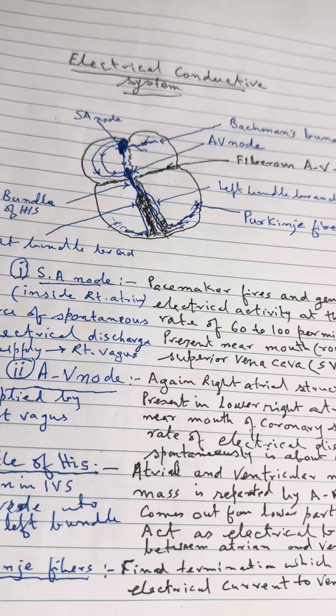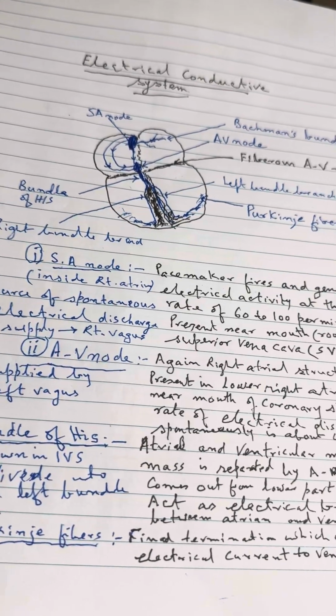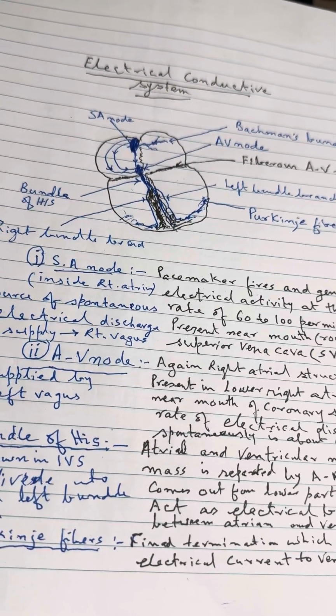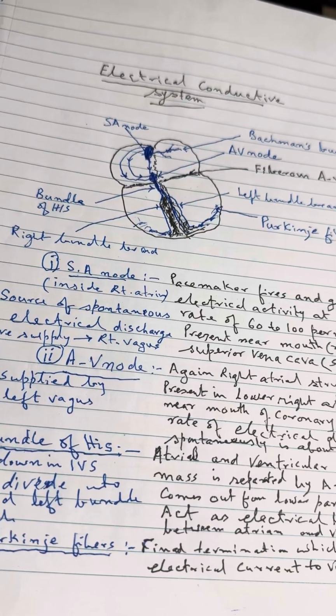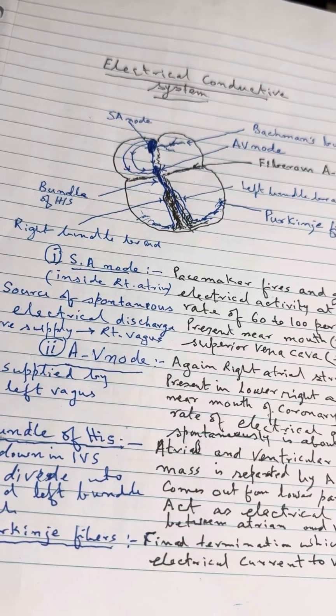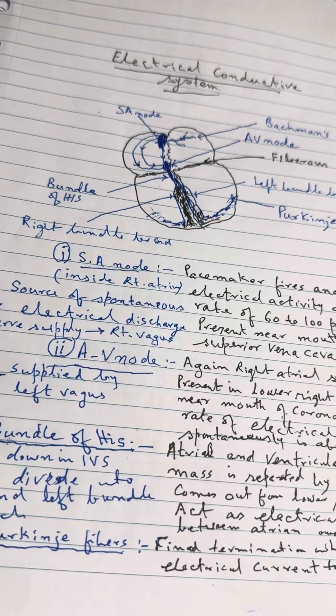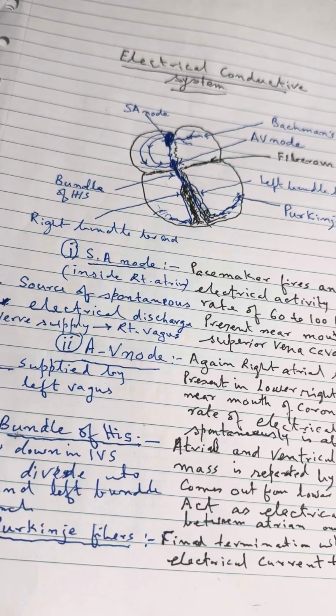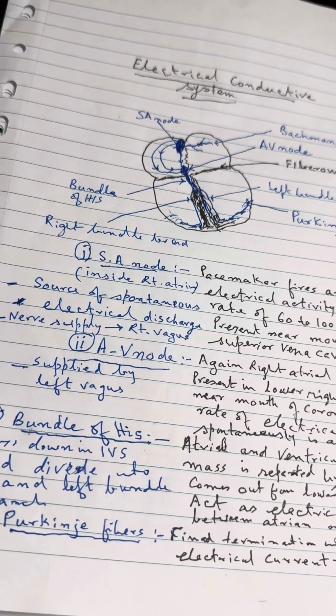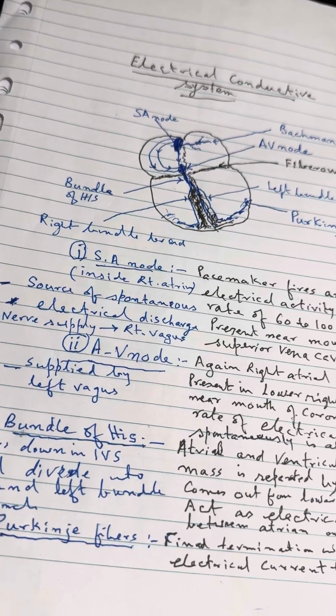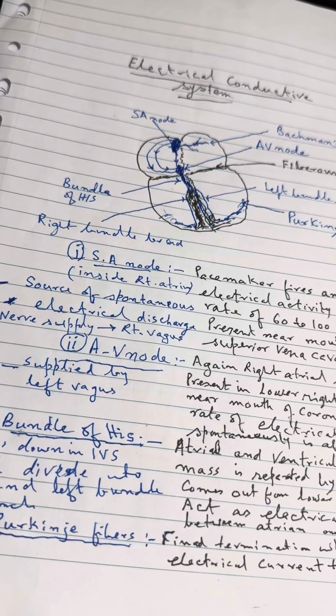Now, the bundle of His will go down into the septum, the membranous part of the septum, and then it divides into right and left branch when it reaches the muscular part of the interventricular septum.